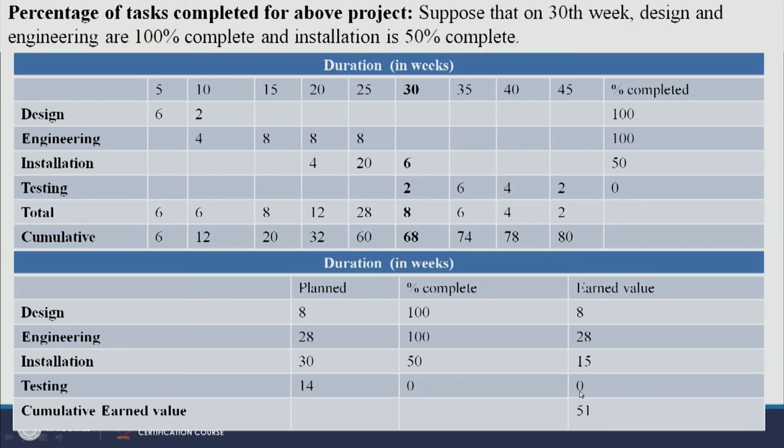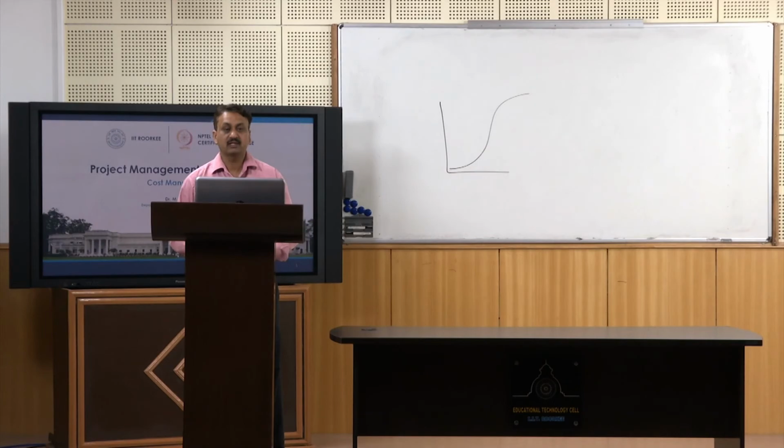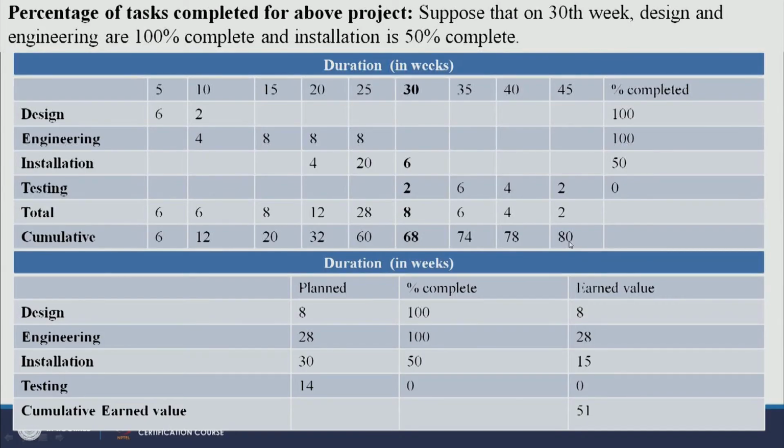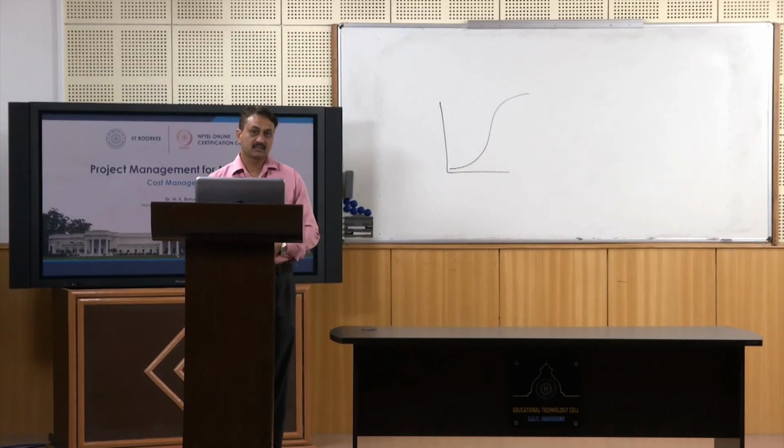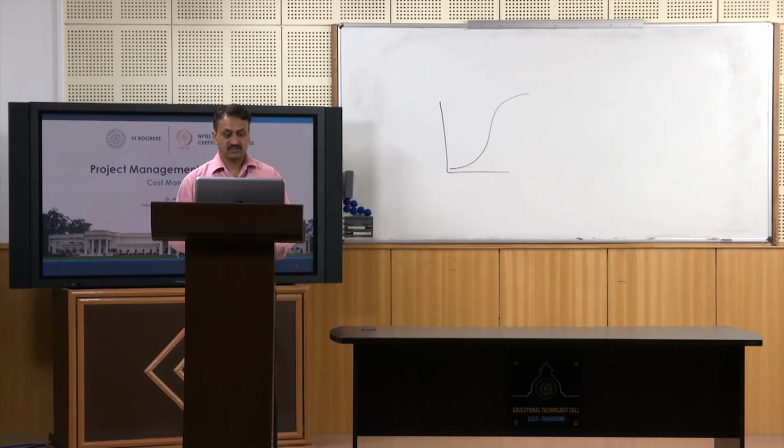So the total earned value of this project is 5100, or 51 if you take it in terms of hundreds. So this is how you should calculate earned value in a project.